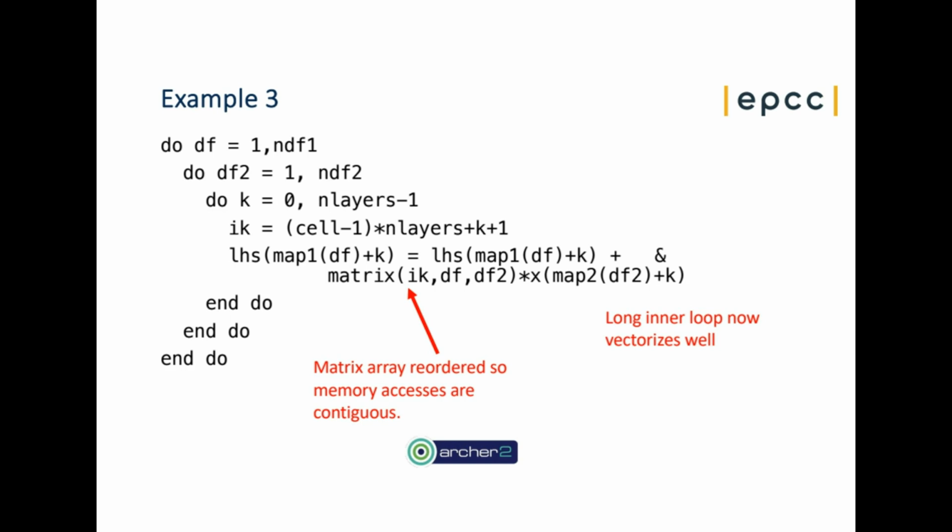Is the calculation of IK not a problem here? No, because it's just a linear function of K. So that actually turns out not to be a problem. The compiler will figure that out.